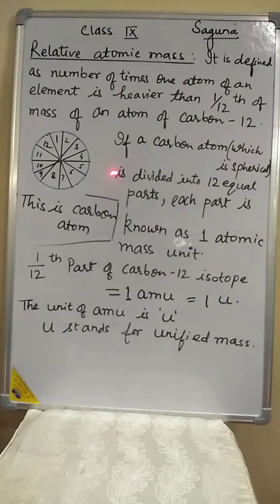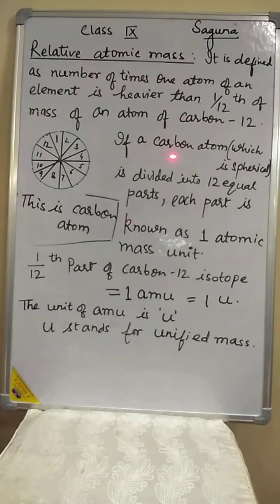So, if a carbon atom which is a spherical atom, in your book it is considered as a watermelon, and they are talking about pieces of watermelon, that one watermelon is supposed to be one carbon atom. Suppose if one watermelon is representing one carbon atom and you divide it into 12 equal parts, then one piece of watermelon is representing one atomic mass unit.